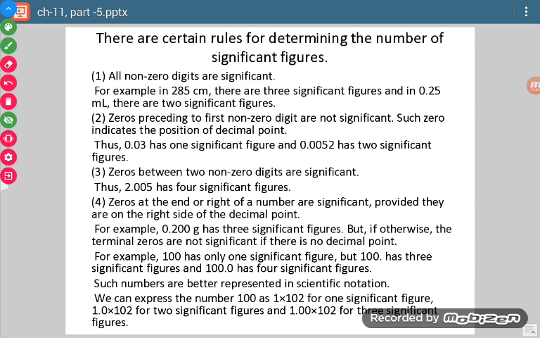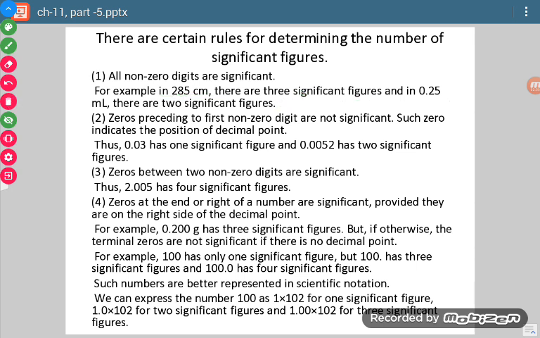Means when any observation is given, whichever number is having a non-zero value will be counted as a significant figure. Just like here in this observation, it is 285 centimeter. So there are 3 digits which are non-zero, so this will have 3 significant figures. Similarly, this observation 0.25 ml has 2 significant figures.